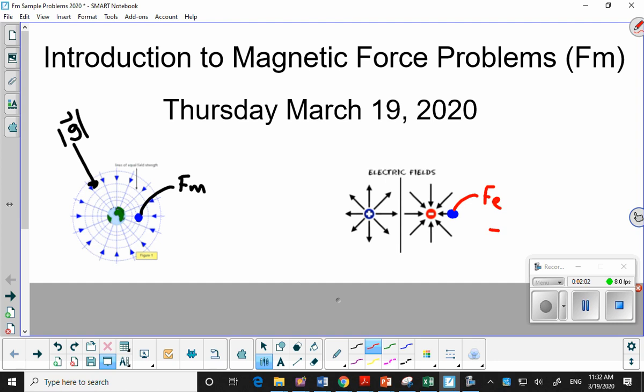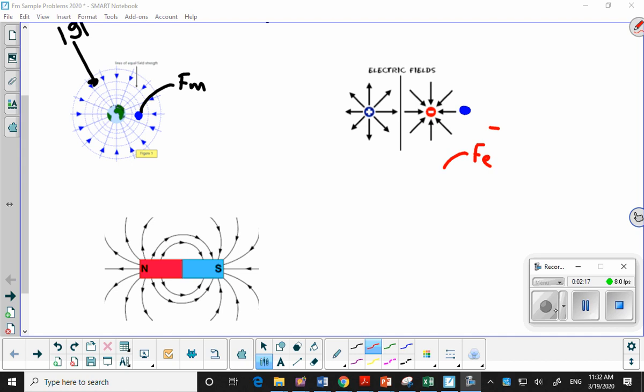Since it was identified as negative, it would in this case attract in. If it was positive, in this case it would go out. So then we only have a force applied when an object is brought into a field. In terms of gravitational fields, it's a mass. In terms of electric fields, it's a charge.